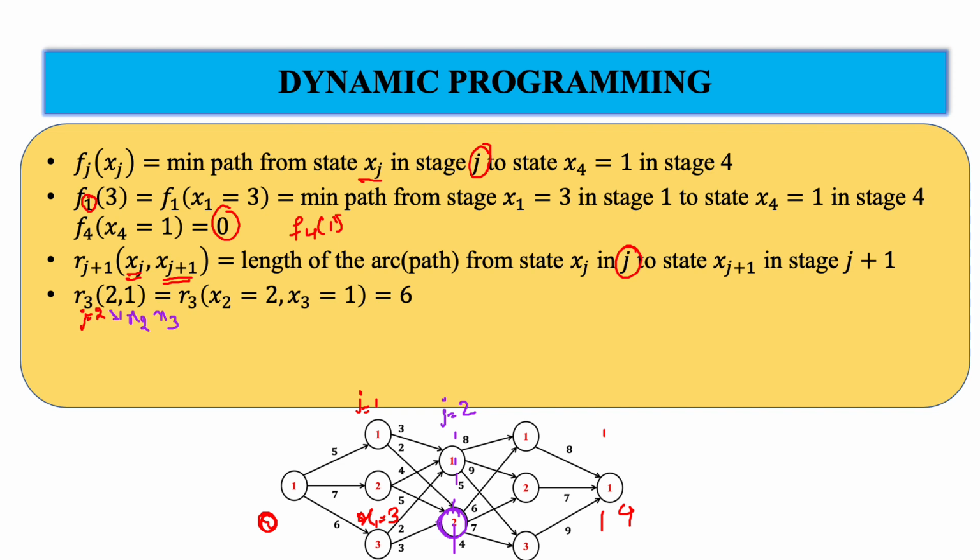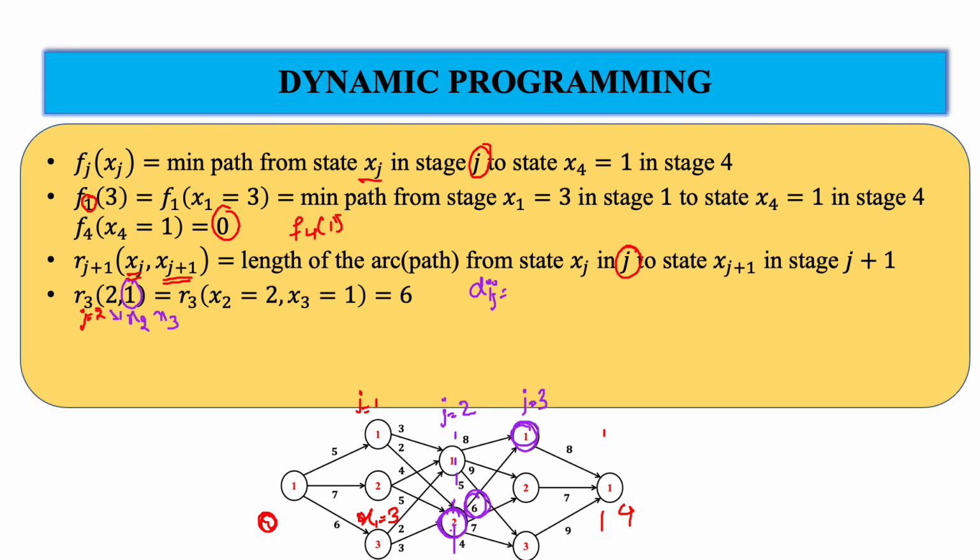x3, stage 3, state value is what? 1. So first, you have to find the length of arc from this node to this node, and what is its value? Its value is 6. Okay, it is the same as we have seen with dij, which was the distance or length of arc from node i to node j.